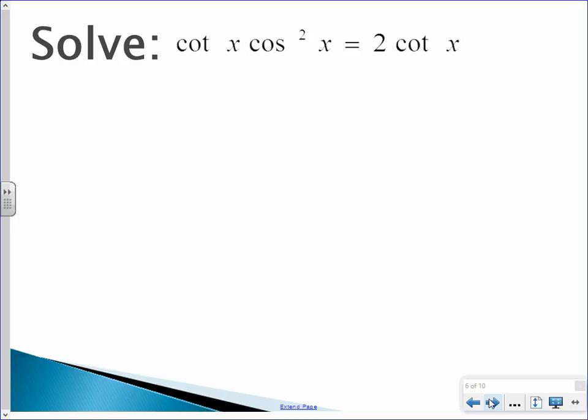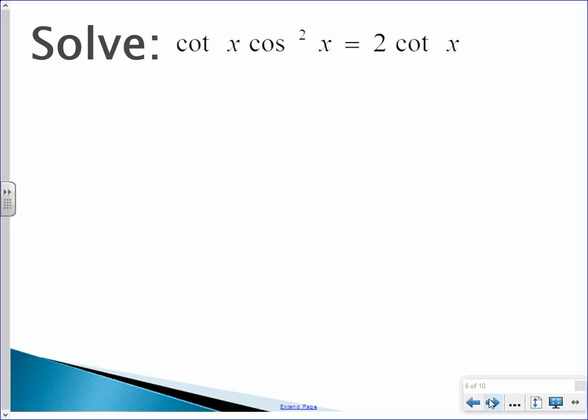Okay, so here we have something on both sides of the equal sign. What do you think we should do? You think we should divide by cotangent x? Who else thinks that we should do that? That is actually not allowed.